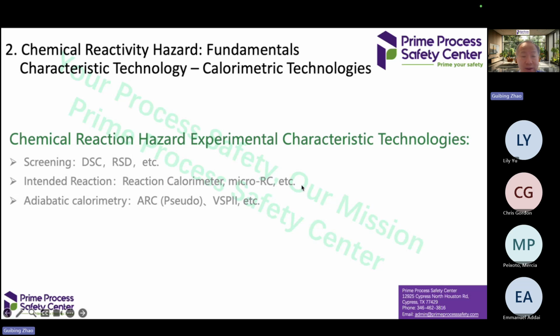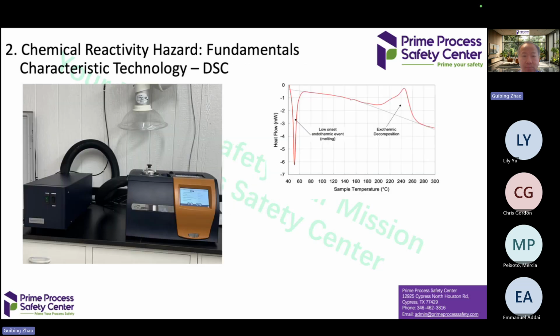Another testing technology is the adiabatic calorimeter, such as the accelerating rate calorimeter or a one-season package. Later on, I'm going to share why these tests are different, what their purposes are, and how we should utilize different tests or combine them to accurately identify chemical reaction hazards.